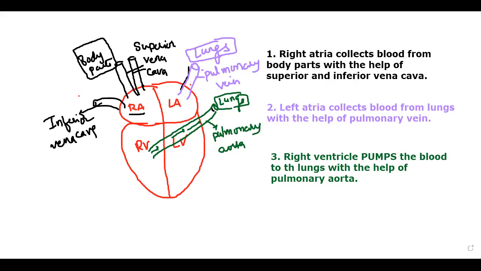Next. So what is that? Left ventricle. So the left ventricle pumps the blood to the body parts with the help of left systemic aorta. Very good. Here also the direction.